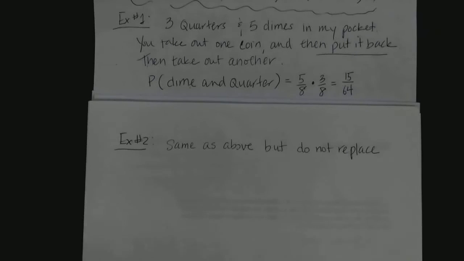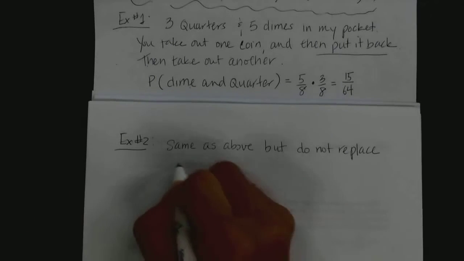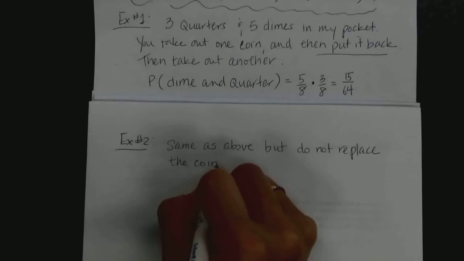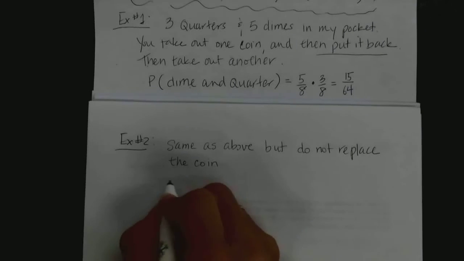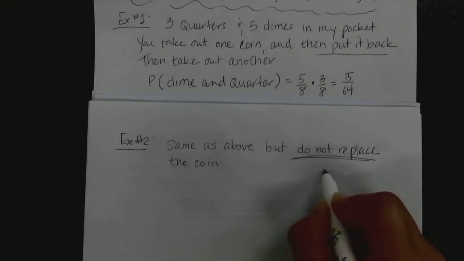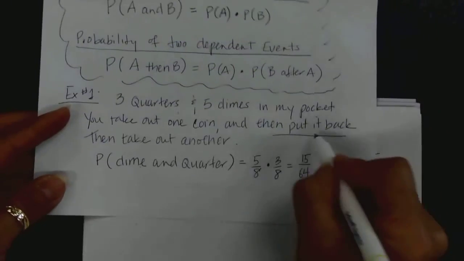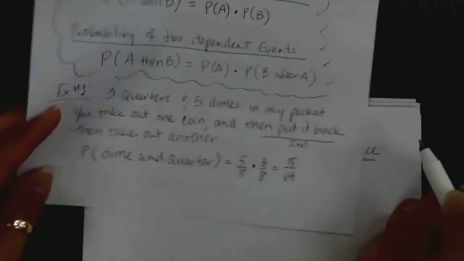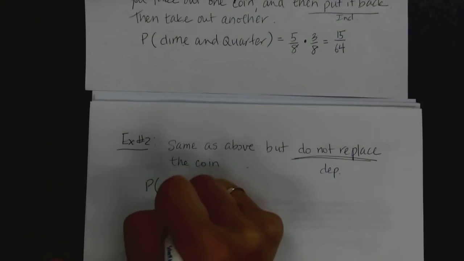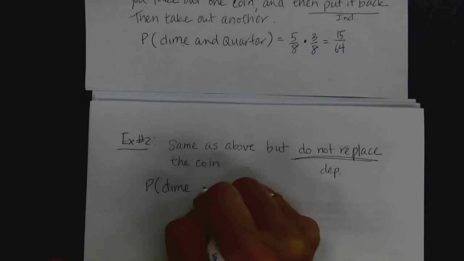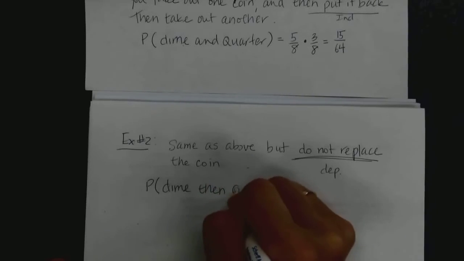You keep it out. Because it's do not replace, this is dependent. And when you replace or put it back, this is independent. So in this case, I want to know the probability of taking out a dime and then a quarter.